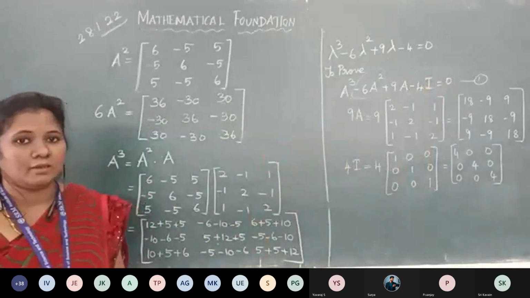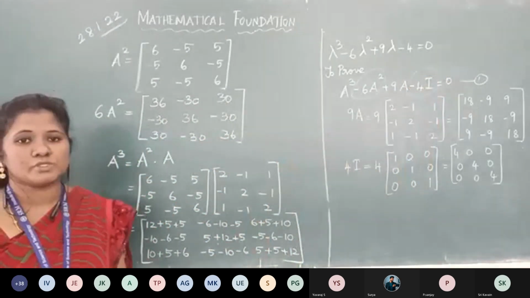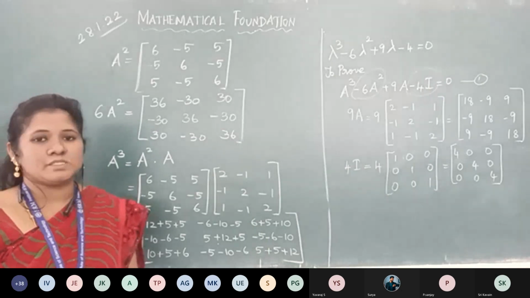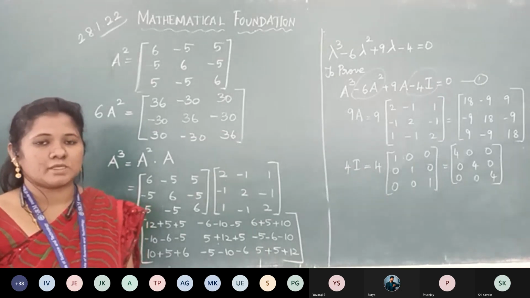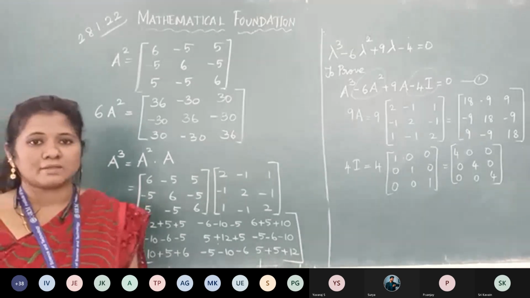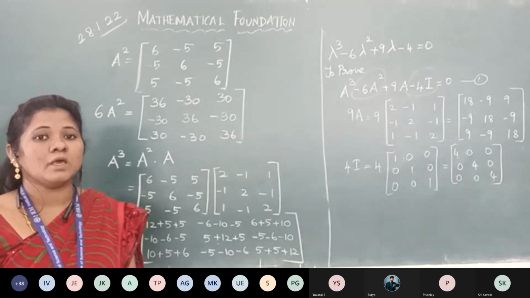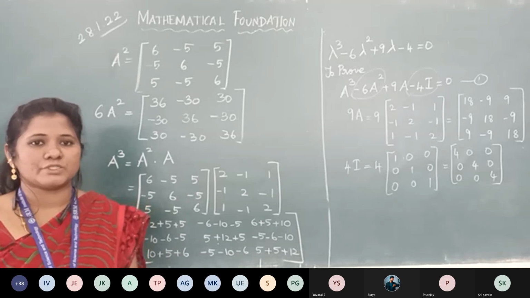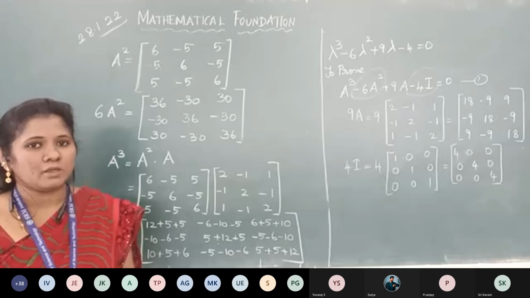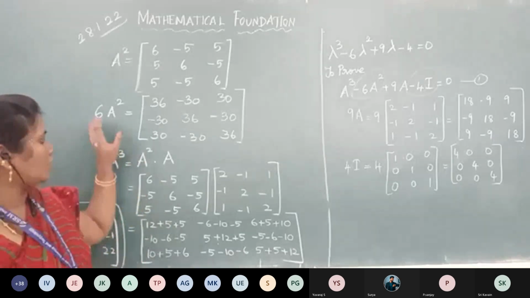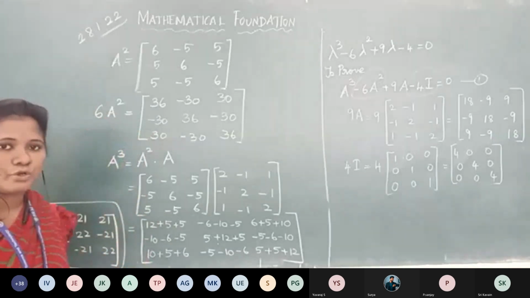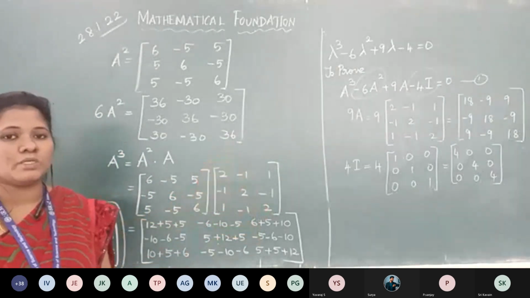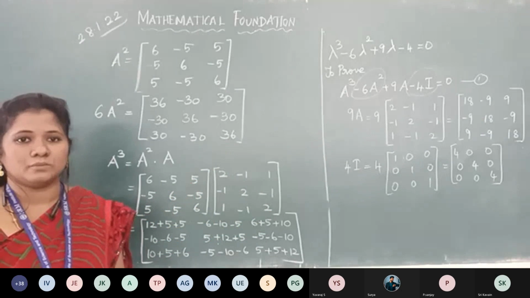So you change the sign and see whether it is equal to the zero matrix. It will satisfy its characteristic equation. Every square matrix satisfies its own characteristic equation. If it is not becoming 0, you have done some calculation wrong. So check it and then you will get it. I've already given you the values for your A square, A cube, 9A, and 4I. Substitute it in the first equation and see whether it is equal to 0.